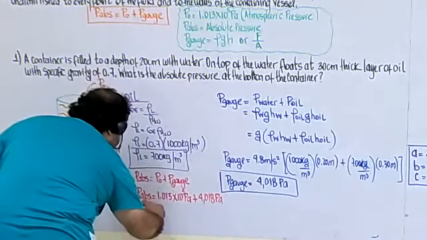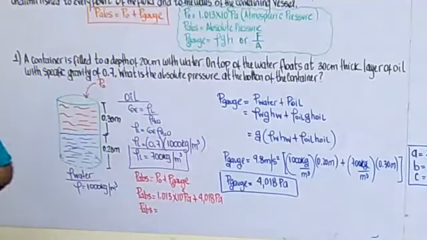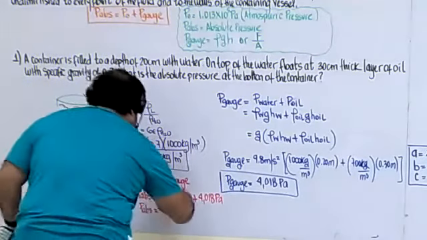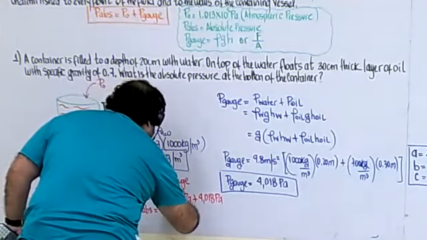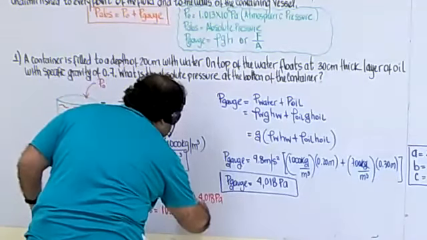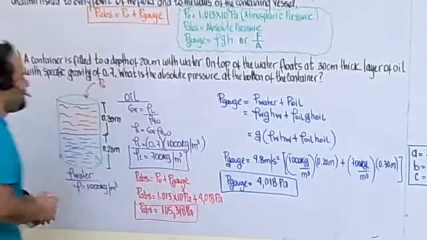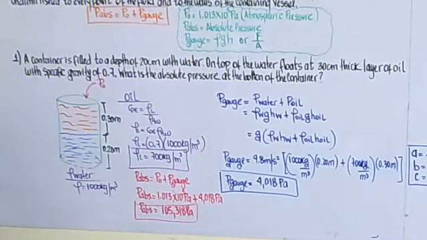For that reason, the absolute pressure at the bottom of this container will be 105,318 pascals. And that's all that we have to do in this problem.